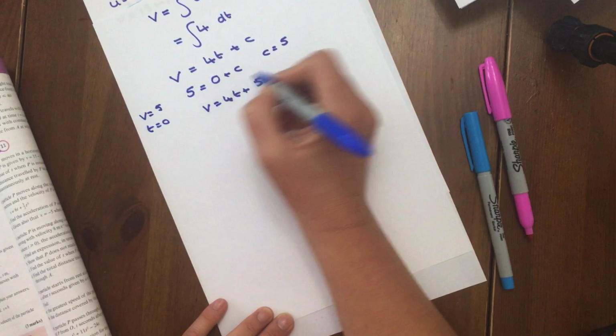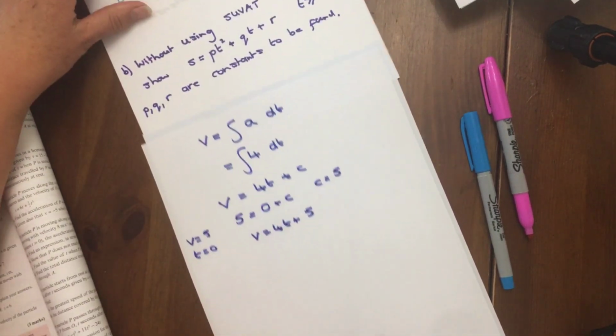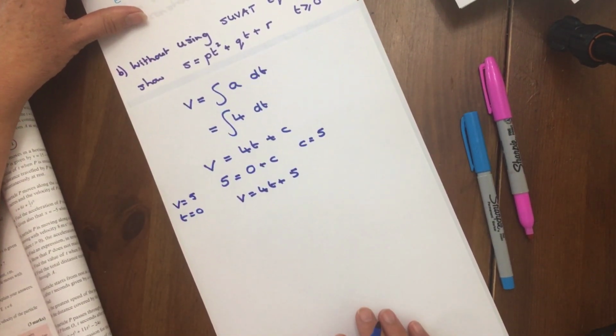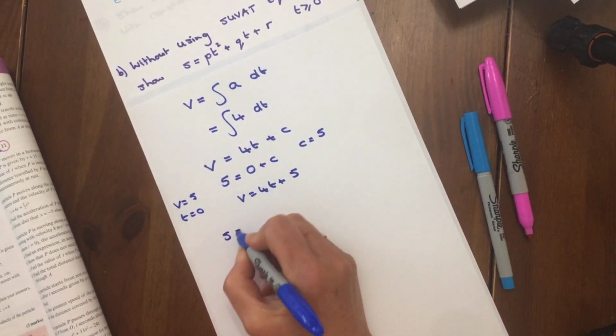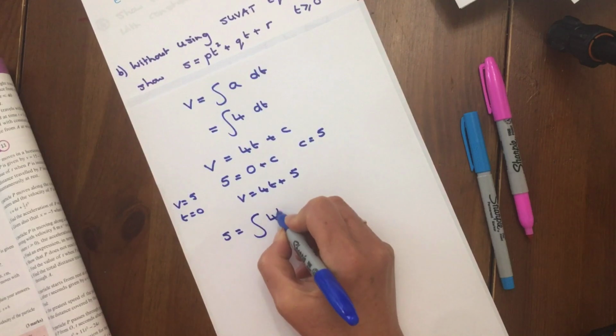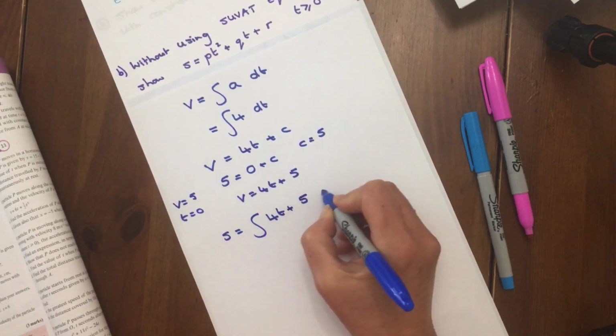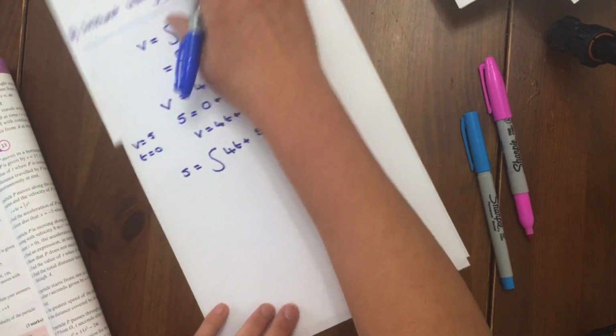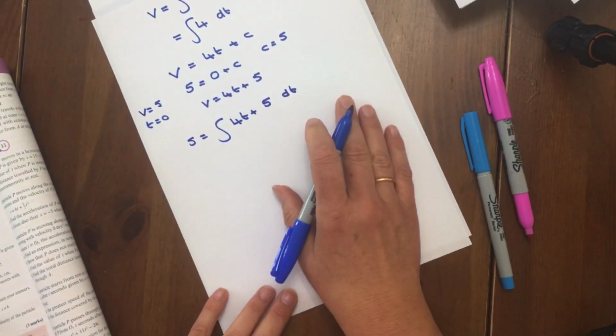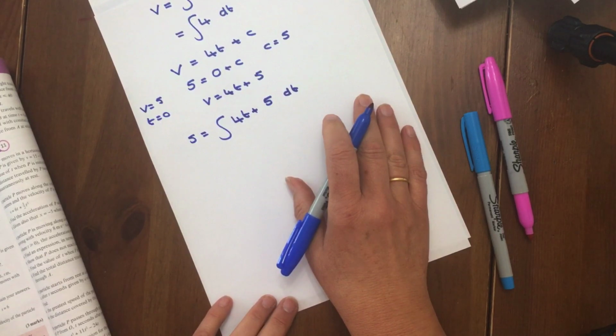However, I don't want to find velocity. The question asks to find displacement. So I need to integrate again to get my formula for displacement. Okay, just move that up so you can see it on the video.